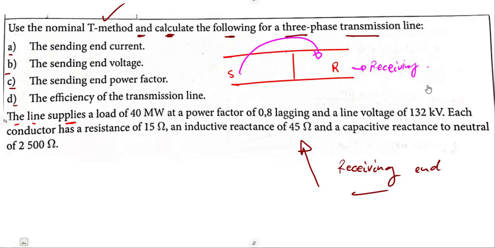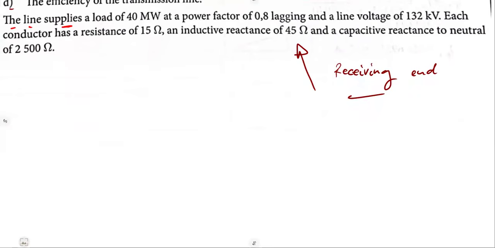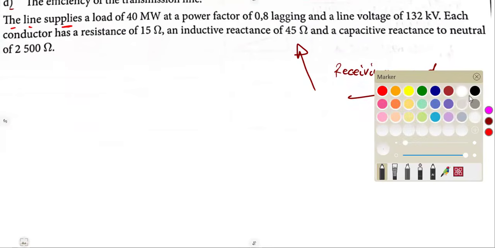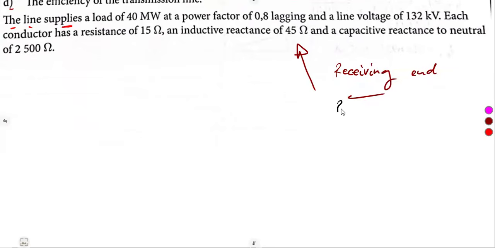We are given the power, okay? As we have got the receiving end side, we have got the power there, which is the true power in megawatts. So we are dealing with the true power, which is 40 megawatts at a power factor of 0.8 lagging.